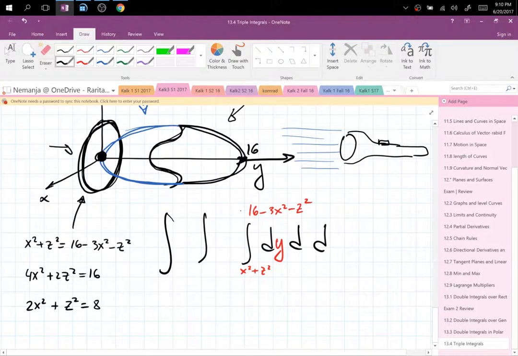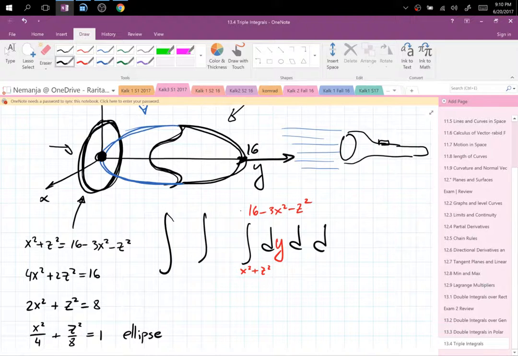And when I divide through by 8, I get x squared over 4 plus z squared over 8 equals 1, ellipse. I mean, we did not expect anything else, but we got that.